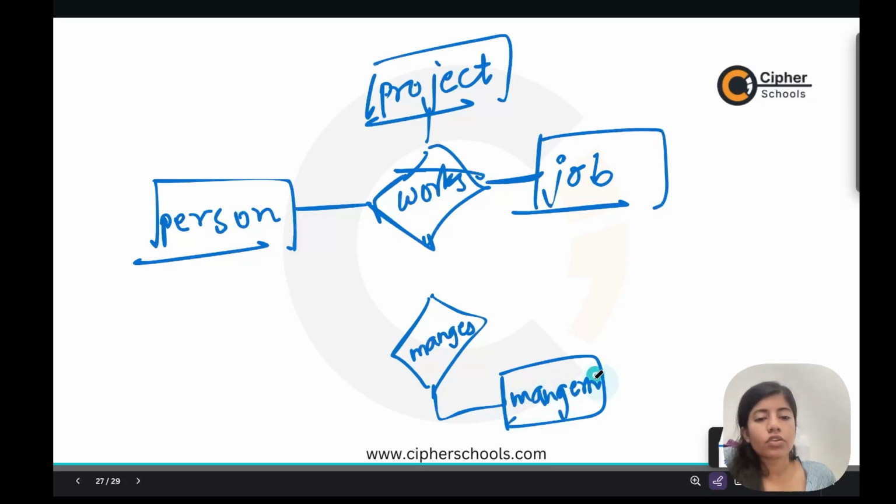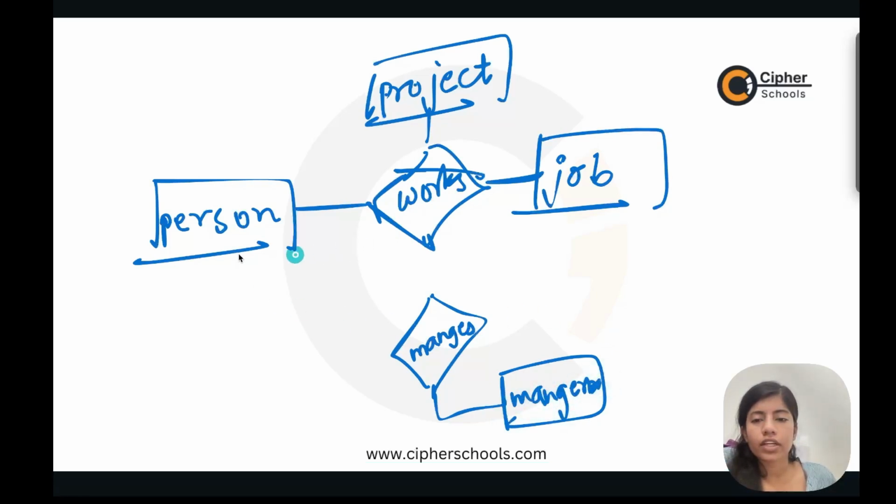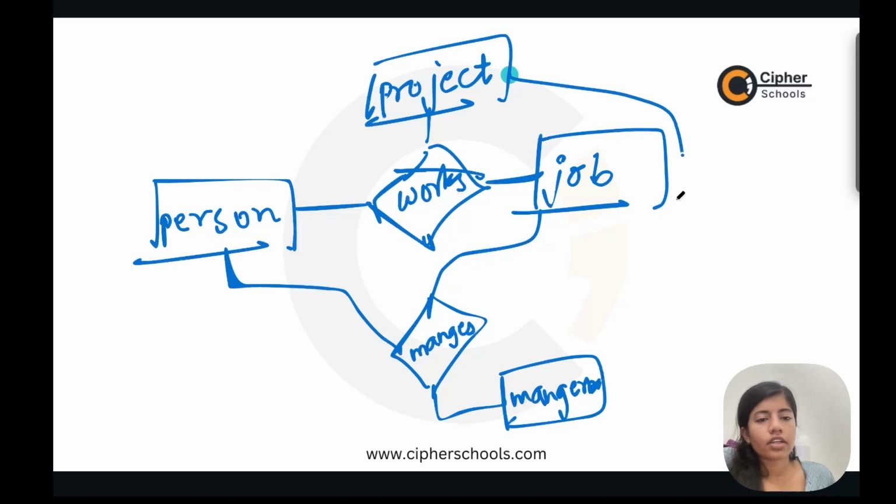To connect this, I connect person to this manager's relation, job to this relation, and project to this relation. So basically I am having a quaternary relationship, with 4 entities involved in this relation.